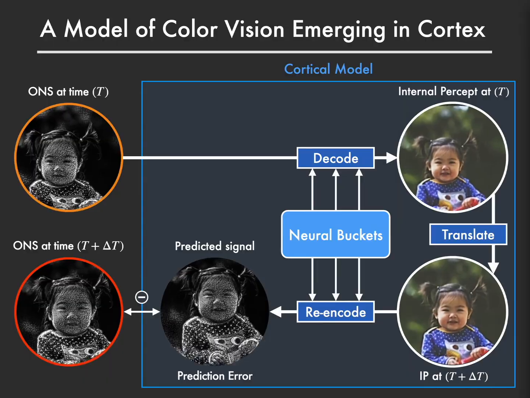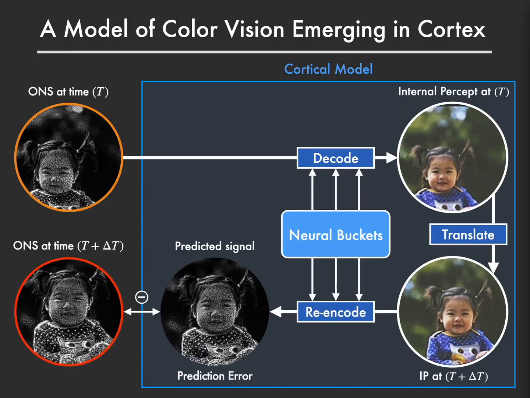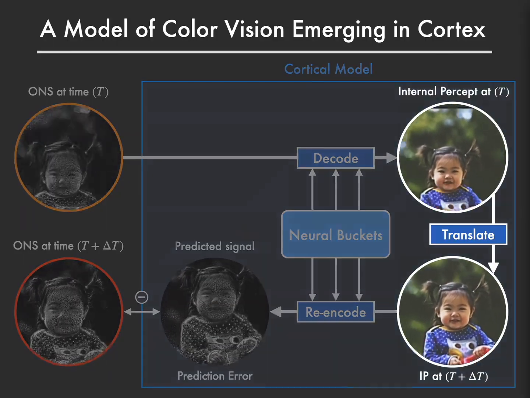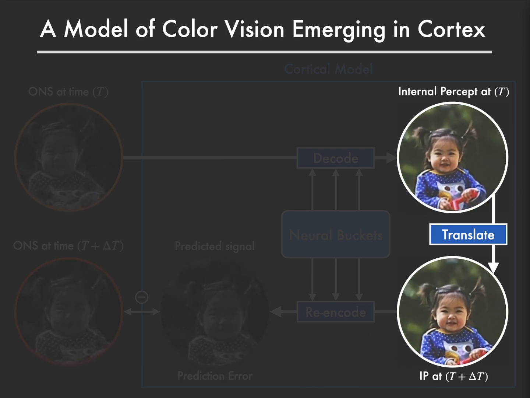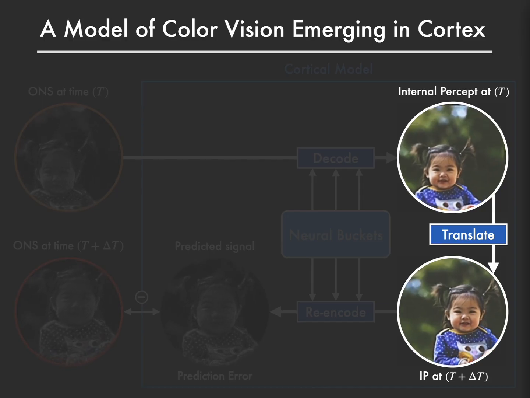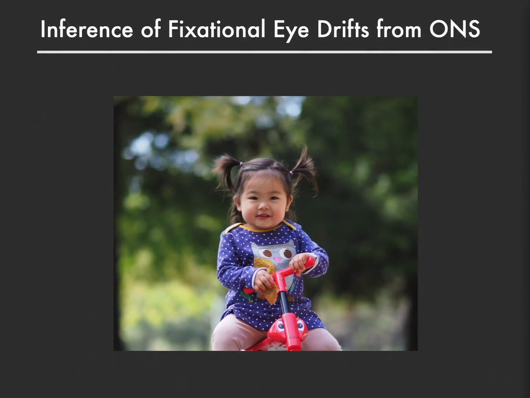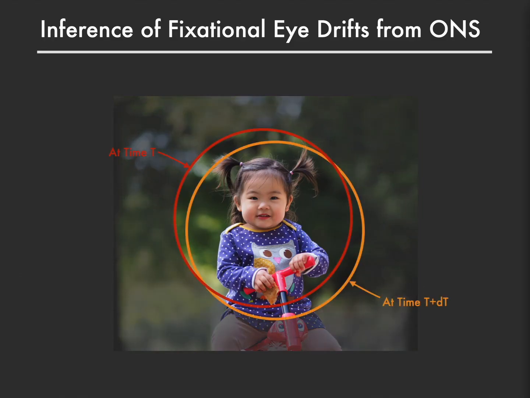Okay, so that leaves off one last function we need to cover, that is this translate function. Now, let us reformulate the problem we are solving here. So when this image is presented at time t and t plus delta t, our eye model samples this stimulus from two different regions.